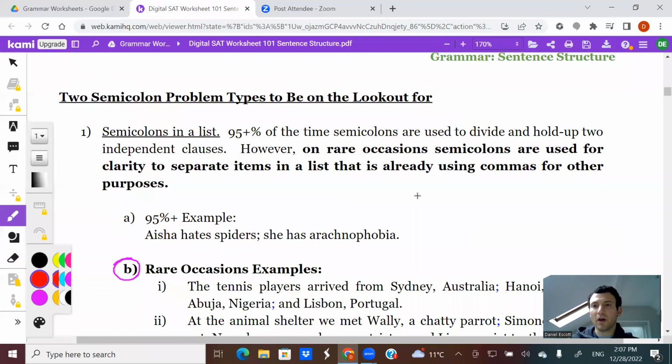What a semicolon does is it's used to hold up 2 independent clauses. In fact, if you see a semicolon, the first thing you're doing is treating it like a full stop. You're checking for an independent clause on both sides. If you don't have an independent clause on both sides, you cannot use a semicolon there, except for this very rare exception. The test will not make you choose between a full stop and a semicolon because they both do the same thing.